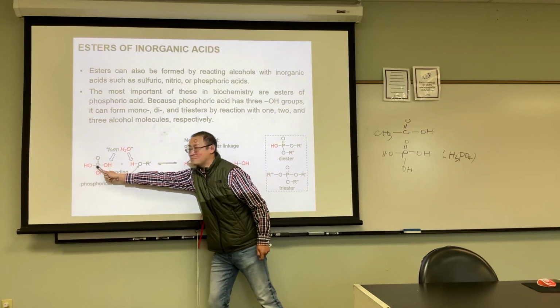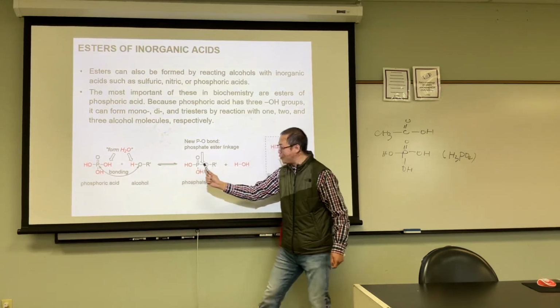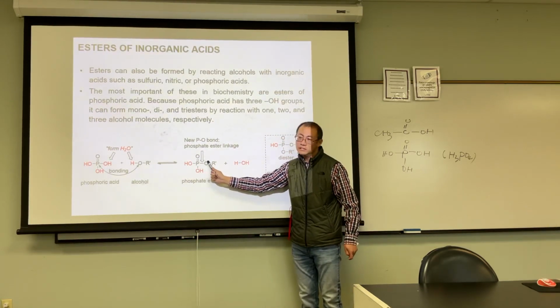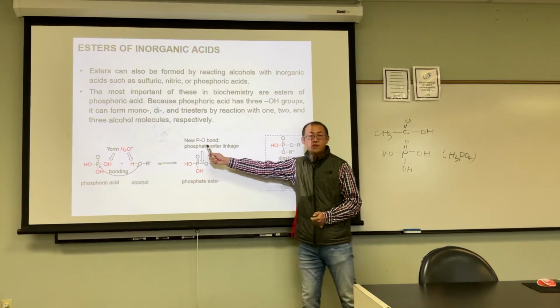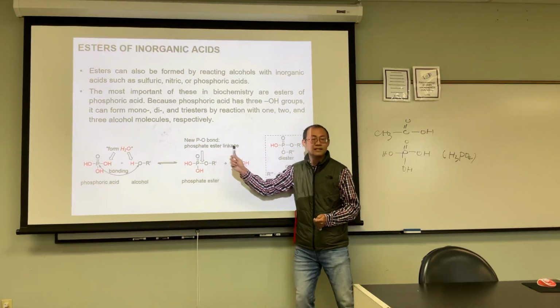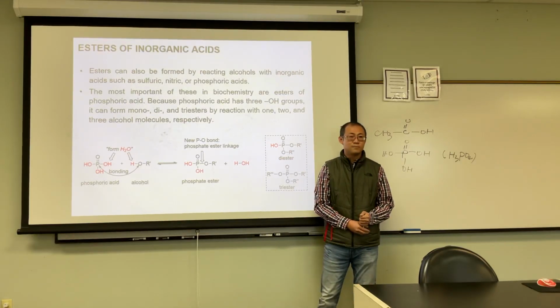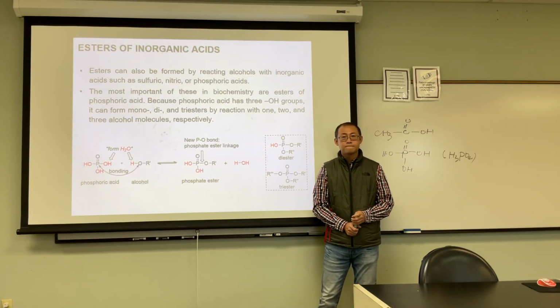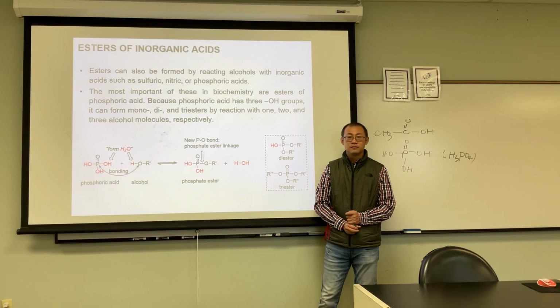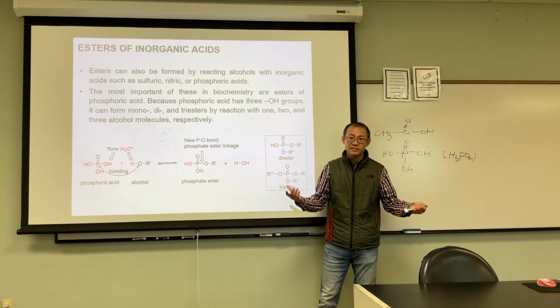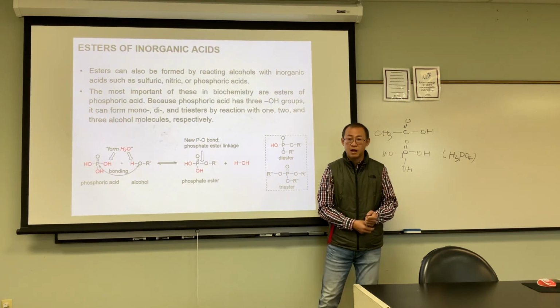Make a bond between this P and what? O. You get PO, OR. We call this ester bond again phosphate ester. This is the same thing, except C becomes P.